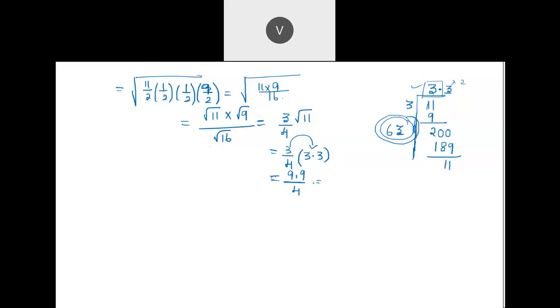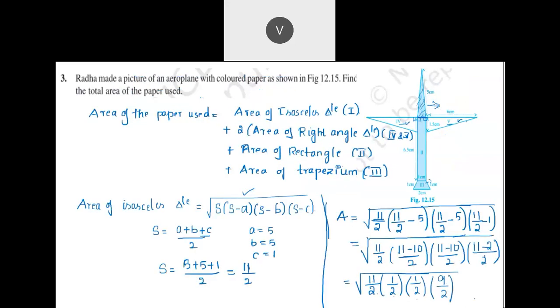Divide 9.9 with 4 and tell me the answer. 2.475, ma'am. Okay. So this is the area of an isosceles triangle.